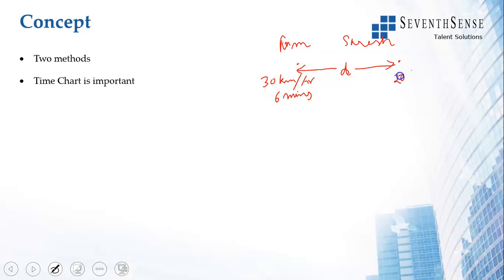Suresh's speed was 20 kilometers per hour and he was late by 5 minutes. They ask you to find this distance. Now let us take the time taken by Ramesh as T Ramesh, and the time taken by Suresh as T Suresh.